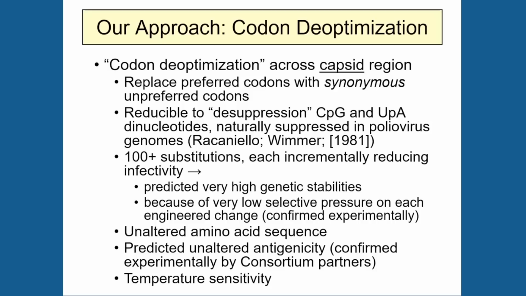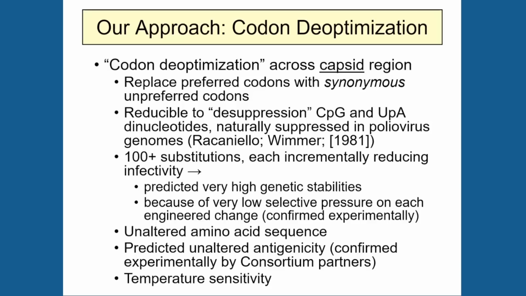So we introduced more than 100 substitutions, each of which incrementally reduced the infectivity of the virus. That would predict very high genetic stability, and we would infer there'd be very low selective pressure on each engineered change, and that was confirmed experimentally. We referred to it as very low individual selection coefficients for change, and Eckhard, who took a very similar approach, described it as death by 1,000 cuts.